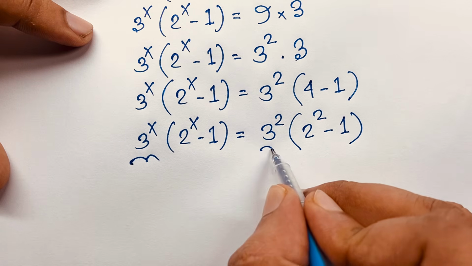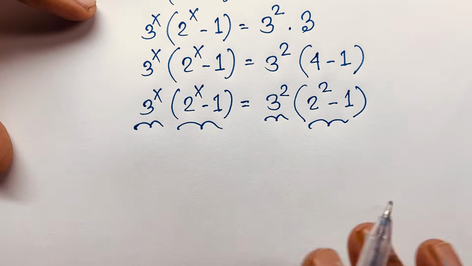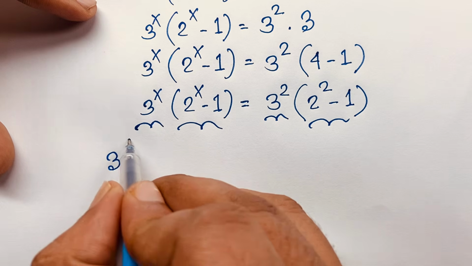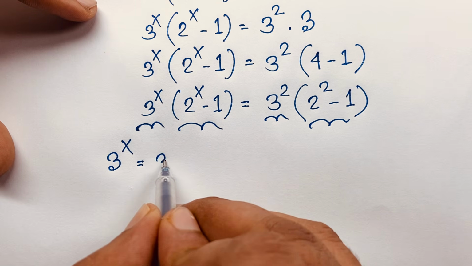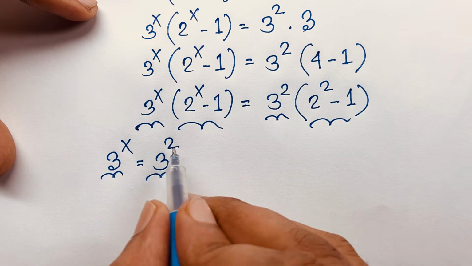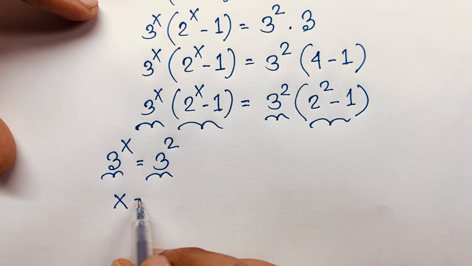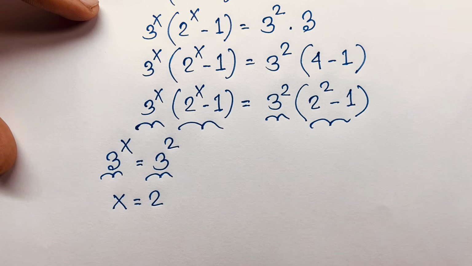This is equal to this and this is equal to this. If I compare both, it will be 3 to the power x is equal to 3 to the power 2. Now here the base is the same, so according to the exponential formula the exponents are equal, so x is equal to 2. This is our answer.